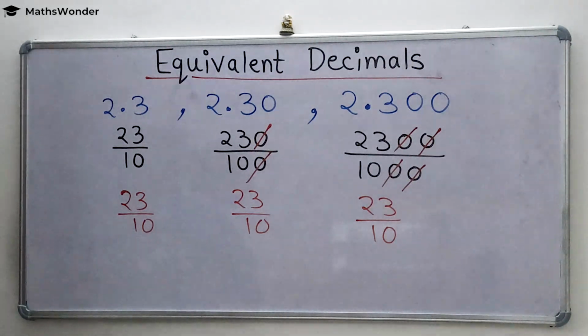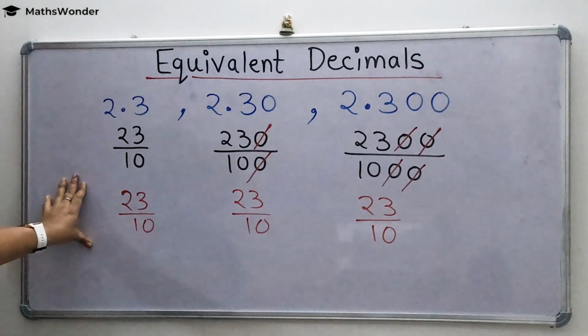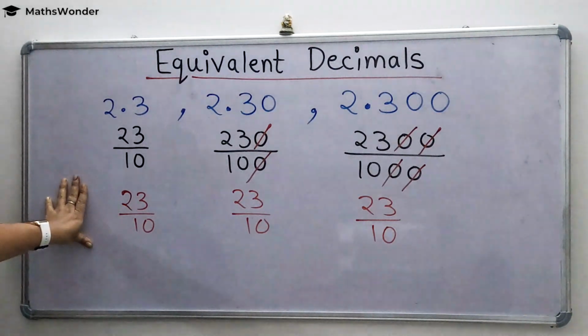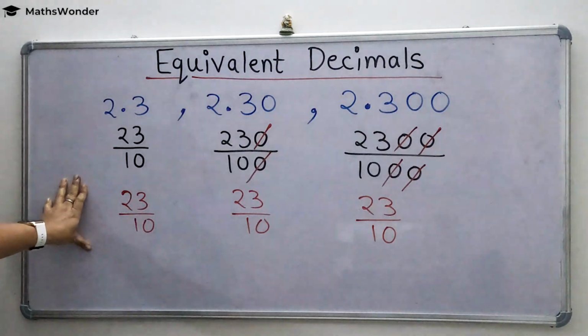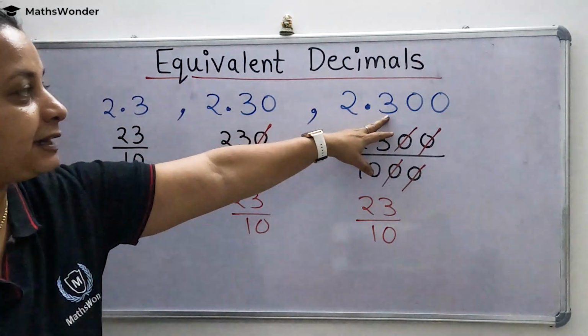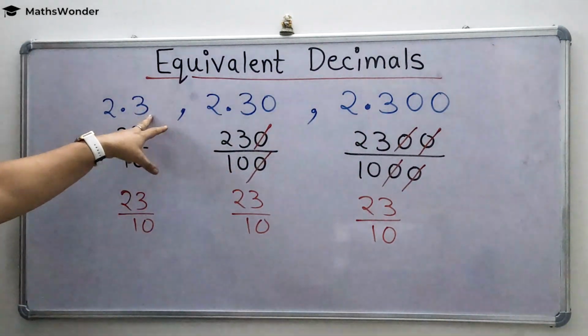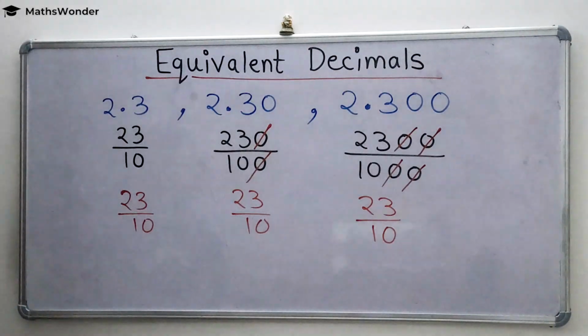You can also do it like this: the 0 after the decimal point or before, it doesn't matter. You need to look at the number. In other words, adding 0 to the extreme right of the fractional part or decimal part does not change the number. 2.3 is the base decimal.